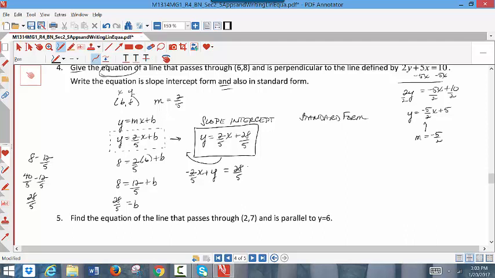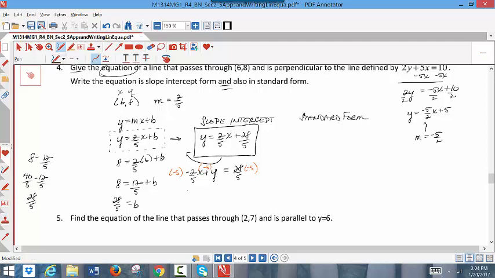Now that's standard form, but normally they don't like it to start with a negative number. They don't want this coefficient of x to be negative, and they don't like these fractions. So what I suggest you do is multiply everything times -5. That will eliminate the fraction, and it'll make the first term positive.